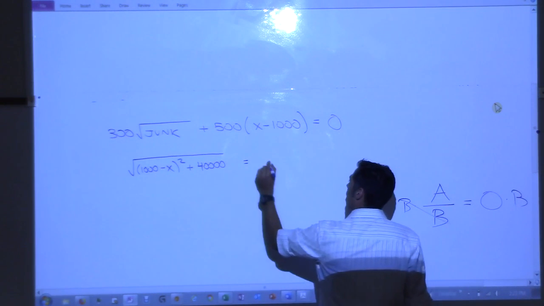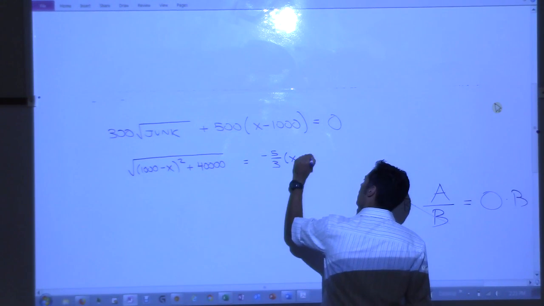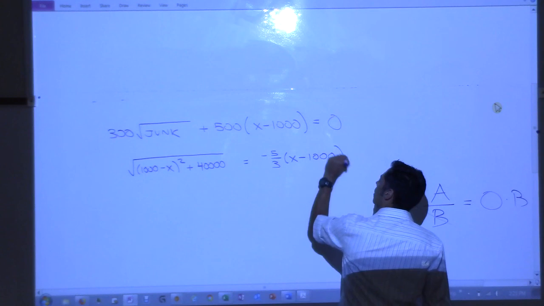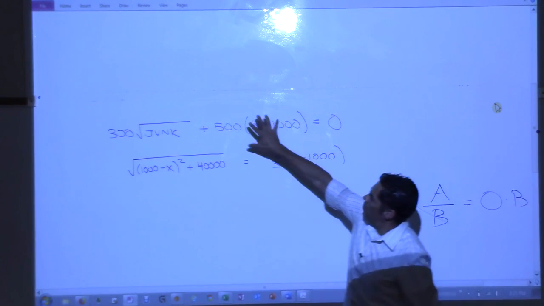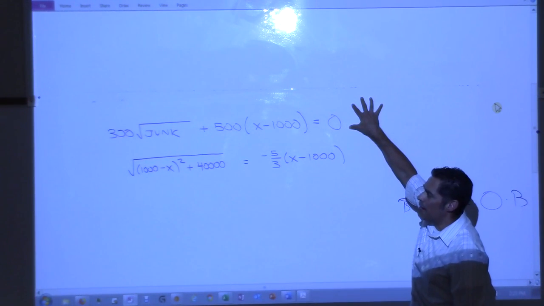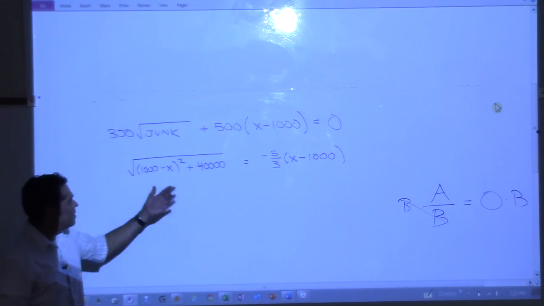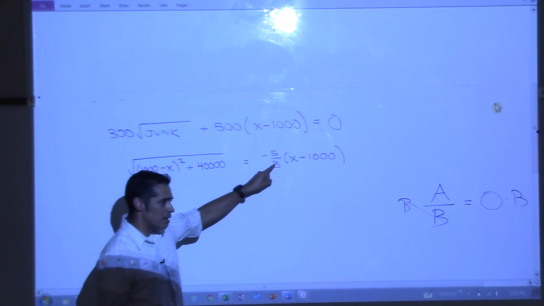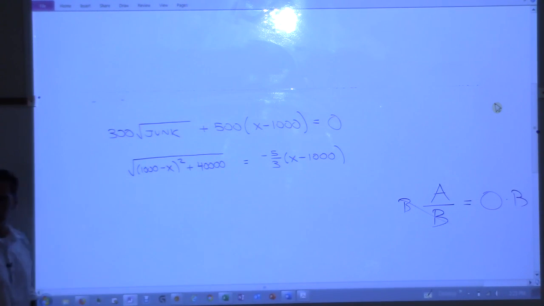Equals negative 5/3 times (x minus 1,000). So what did I do here? I moved all this to the other side, which made it negative, right? And then I divided everything by the 300 that's in front of the root junk. And so the negative 500 over 300 becomes 5/3, and then I still have this out here. Is that fair?